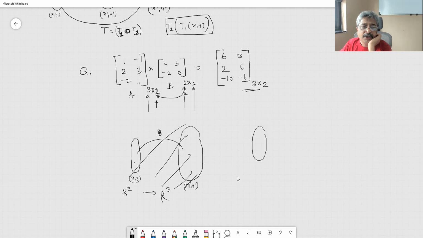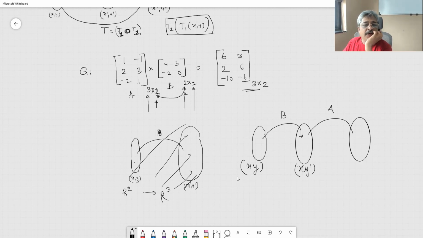B is a 2 by 2 matrix. So xy becomes x dash y dash. And then you have a matrix here. Function B is R2 to R2 and function A is R2 to R3. So here you end up having R3.